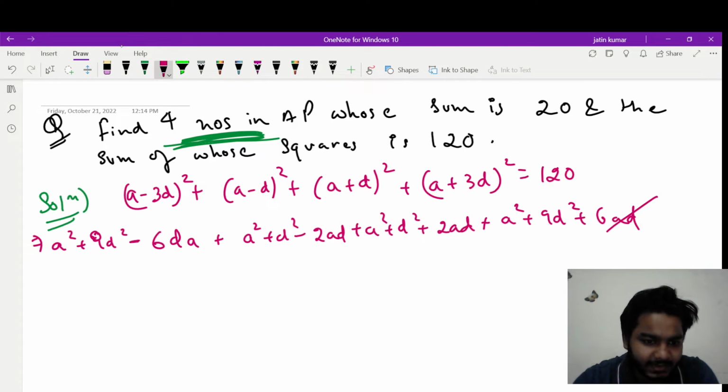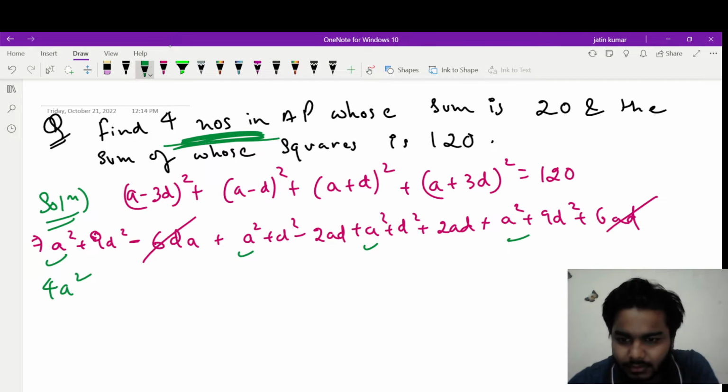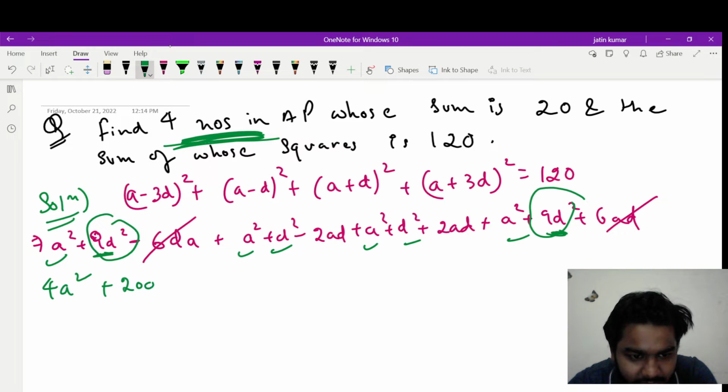Now 6ad and minus 6ad will get cancelled, okay, and this a square, this a square, this a square and this a square will become 4a square. Now 9d square plus 9d square will be 18d square, and this d square, this d square, so 18, 19, 20, plus 20d square. And minus 2ad and plus 2ad will get cancelled, so we are left with 4a square plus 20d square as 120.